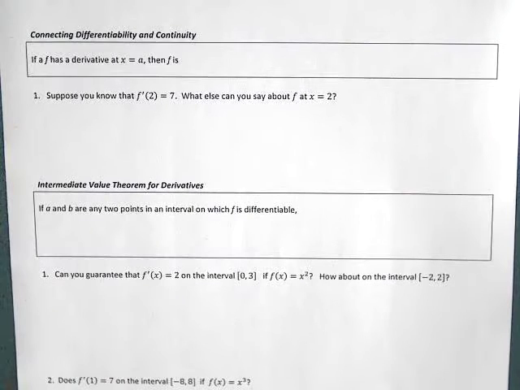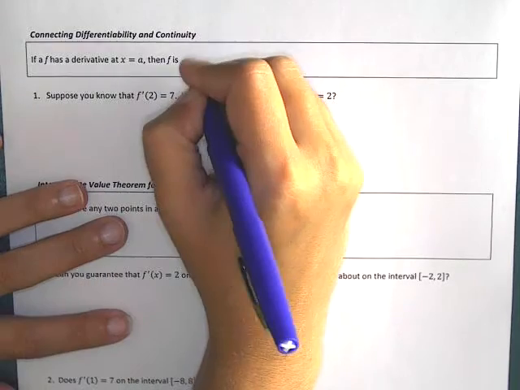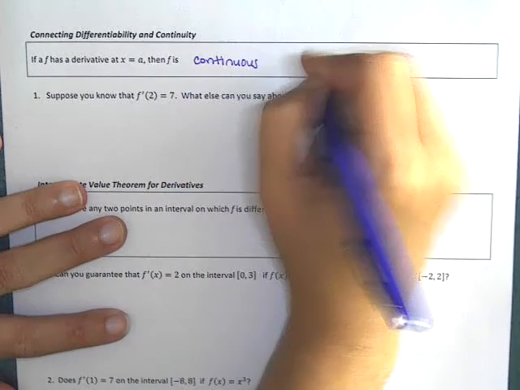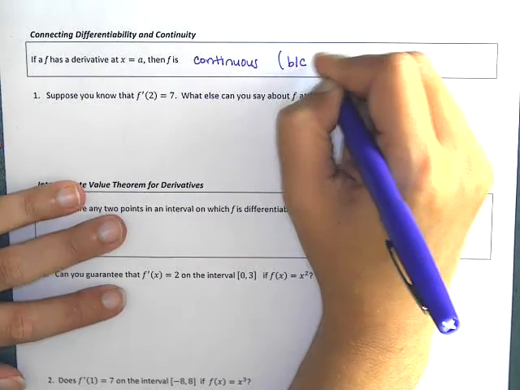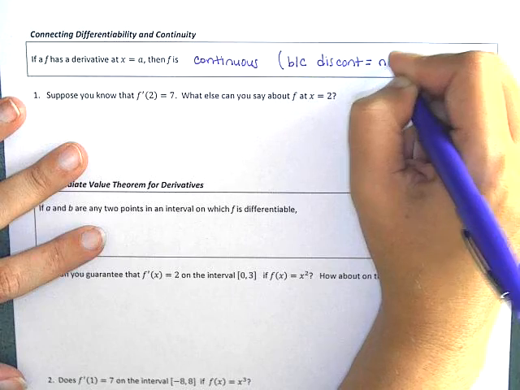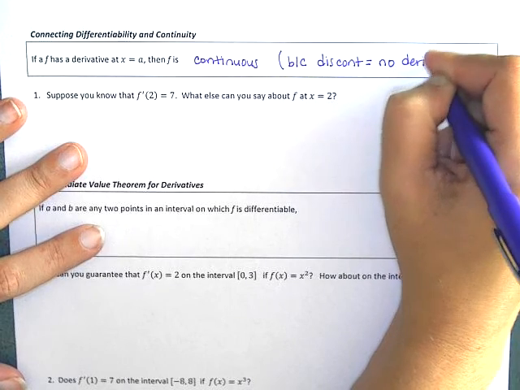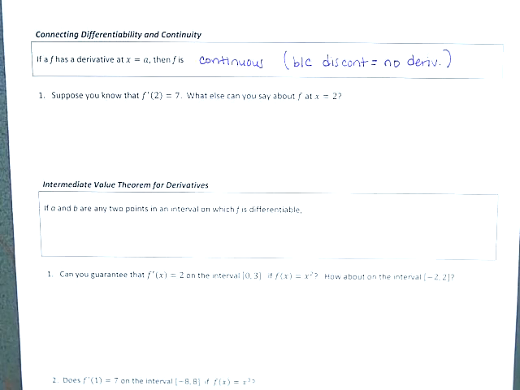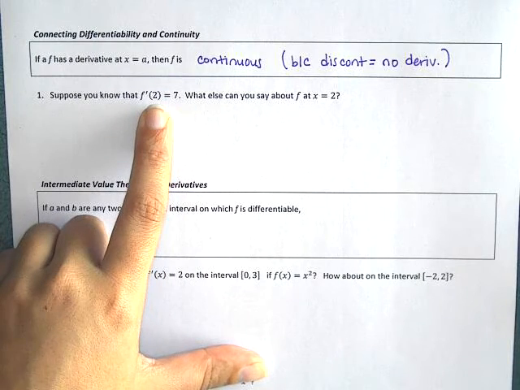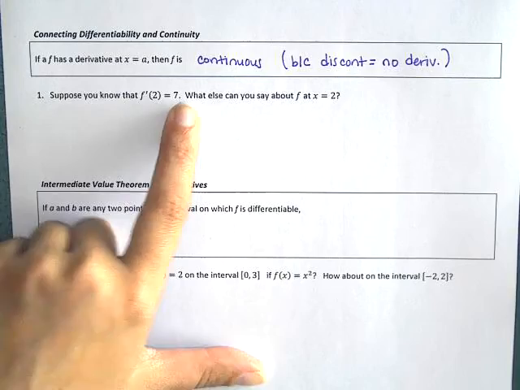Last but not least, differentiability and continuity. If you have a derivative, then you must be continuous, because discontinuities mean there's no derivative. So kind of a, well, yeah, duh. So suppose you know that the derivative of this function at the number 2 is 7.